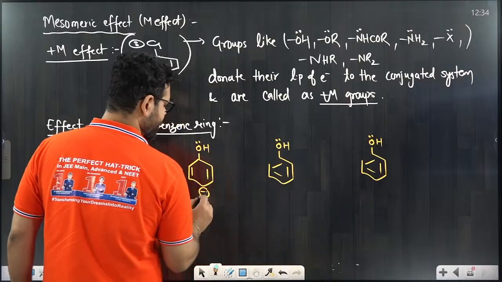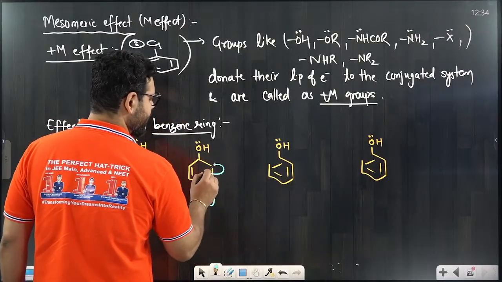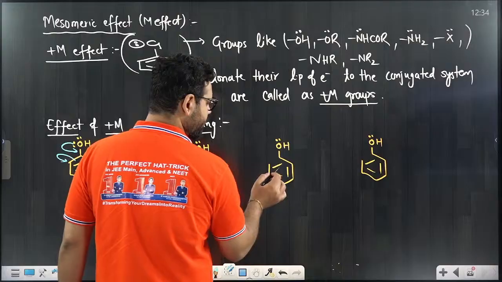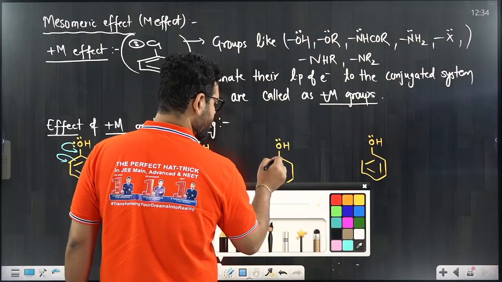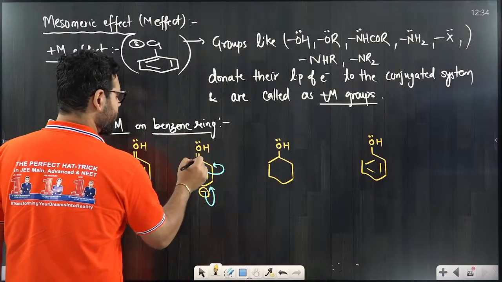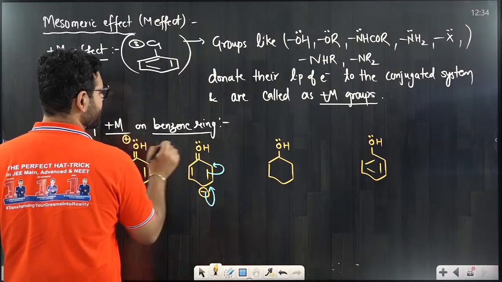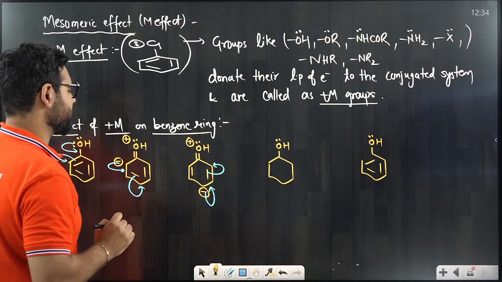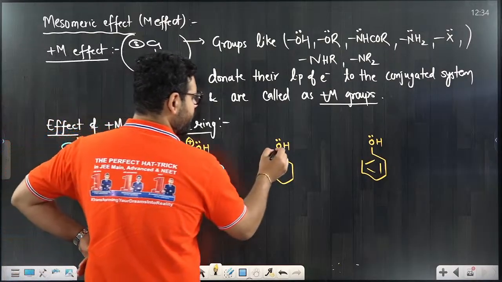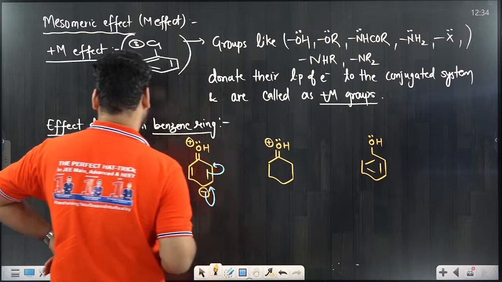Then minus becomes pi, pi becomes minus once again. Also there was a double bond here, and oxygen gets a positive charge because it has donated its electron. So oxygen gets a plus charge now.